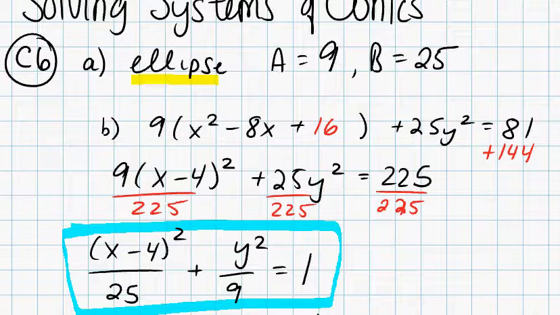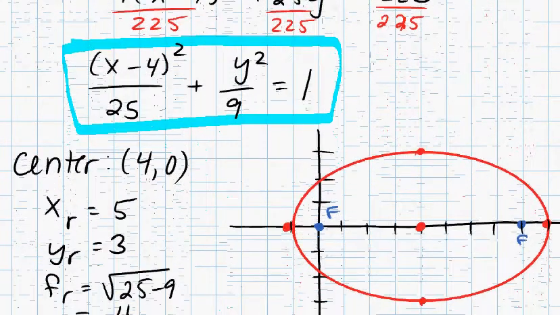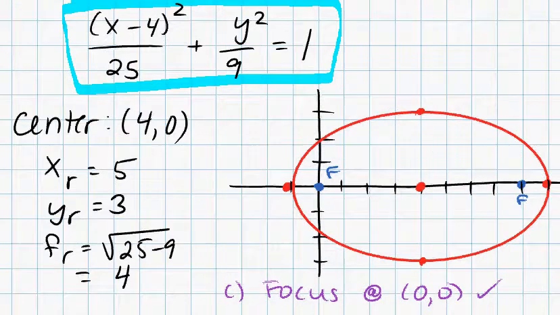After you have written the equation correctly, you can draw the graph. The center is at 4, 0. The x radius is 5, because it's the square root of 25. The y radius is 3, because it is the square root of 9. The focal radius is the square root of 25 minus 9, which is the square root of 16, which is 4.